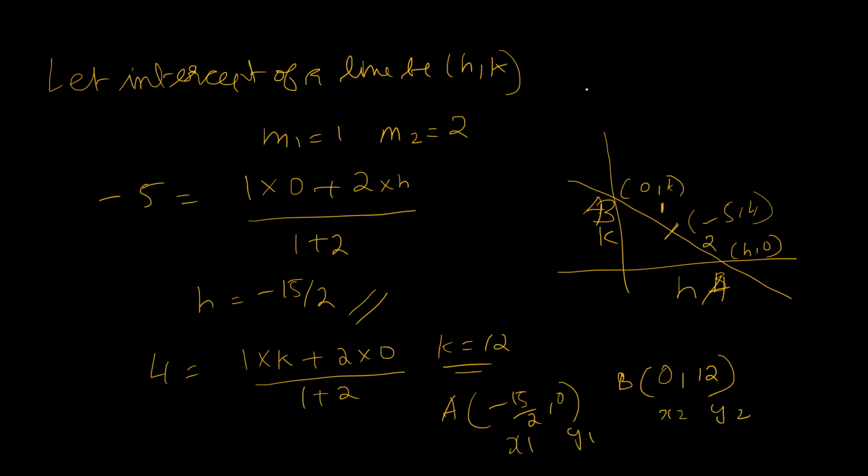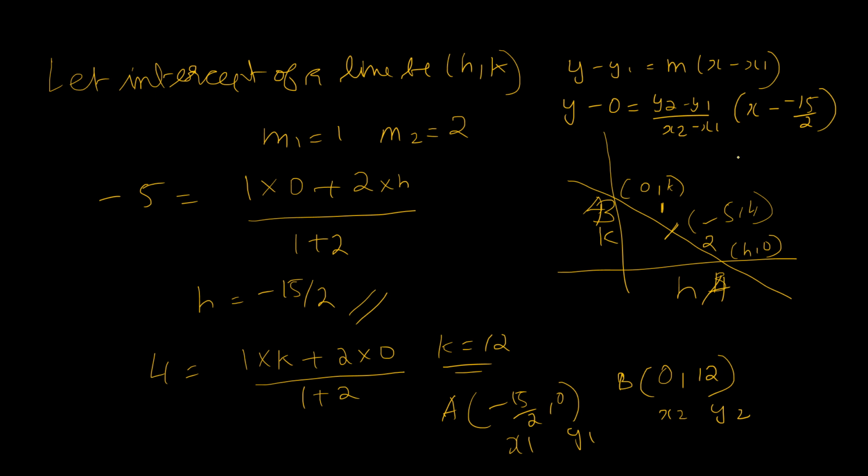With the help of this we can find the equation, that is y minus y1 equal to m into x minus x1, right? So y minus 0 equal to m, where m is (y2 minus y1) by (x2 minus x1), into x minus x1, that is minus 15 by 2.